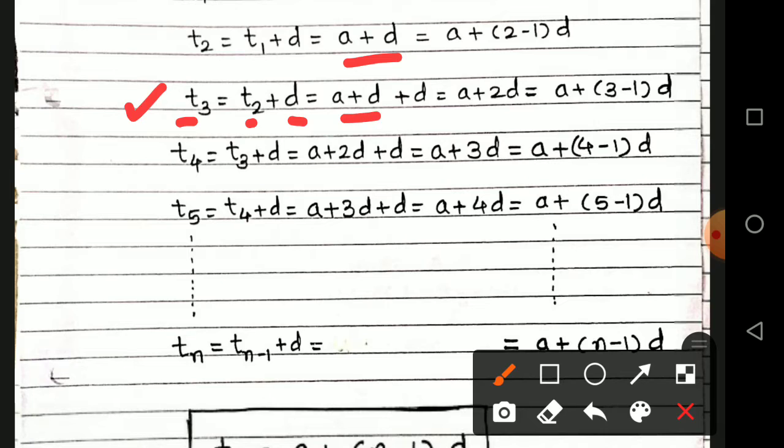I have written it here as it is, and adding the common difference, it is equal to a plus 2d. I am converting this 2d in this way: a as it is, plus (3 minus 1) in bracket into d. That means 2d I have converted in this form. Now T3 is equal to a plus (3 minus 1) into d.